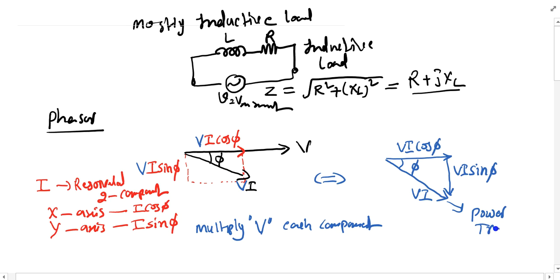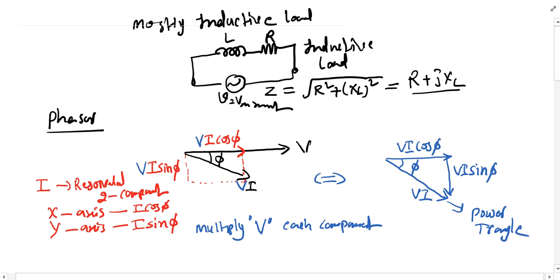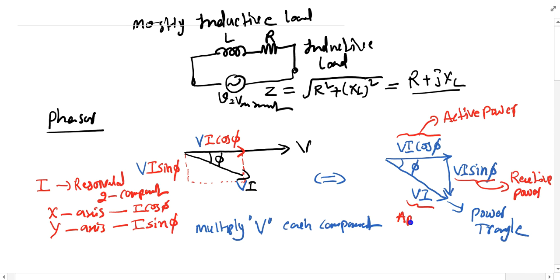You can name it a power triangle, where we have to identify what each of these is. The component VI cos phi, I can say, is the active power, VI sin phi is the reactive power, and VI is the apparent power.